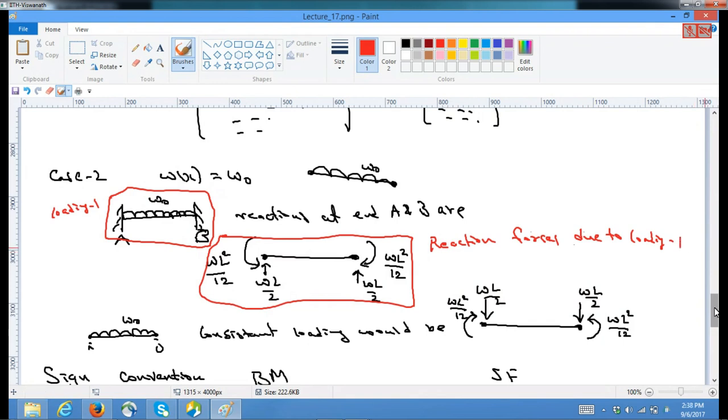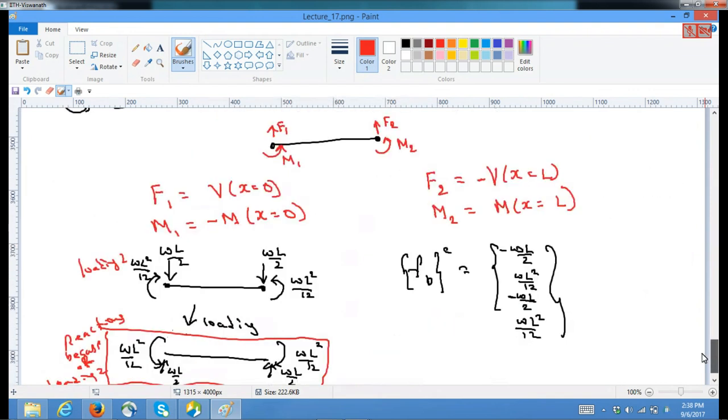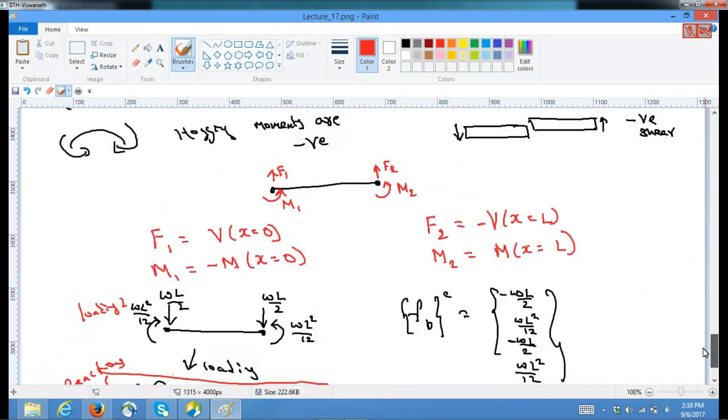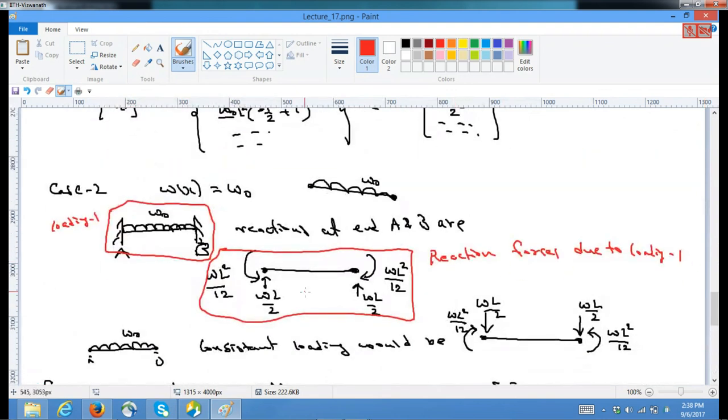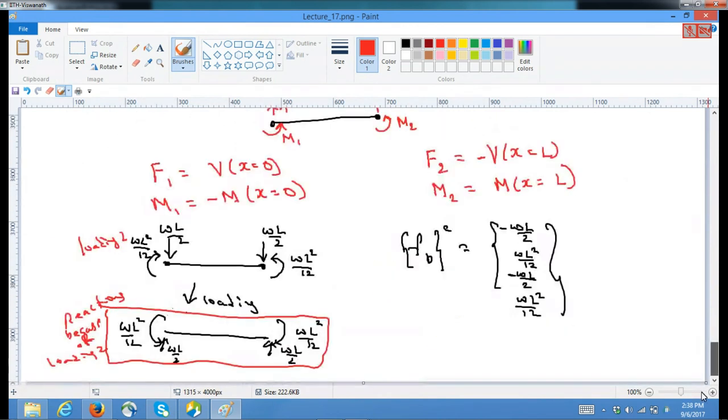The reaction forces due to loading 1 are the same as the reaction forces due to loading 2, because if you compare these reactions and these reactions, they are the same. Hence, whenever you have a distributed load of uniform intensity, you take consistent loading.